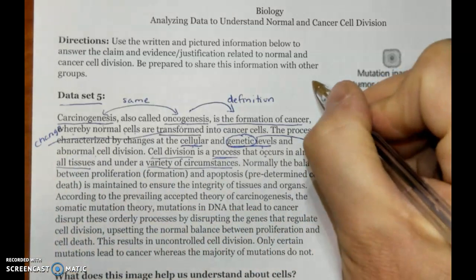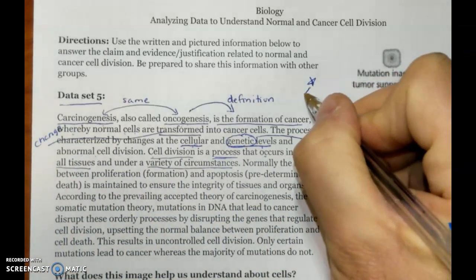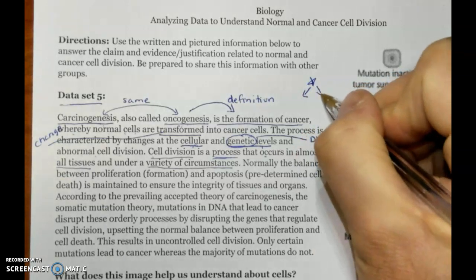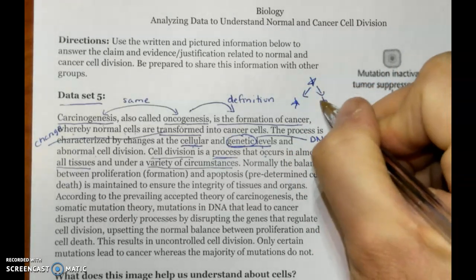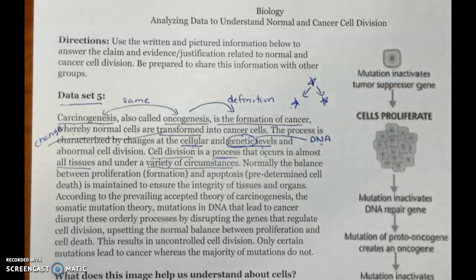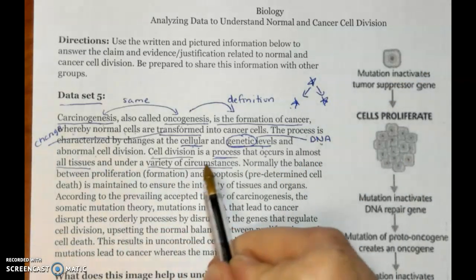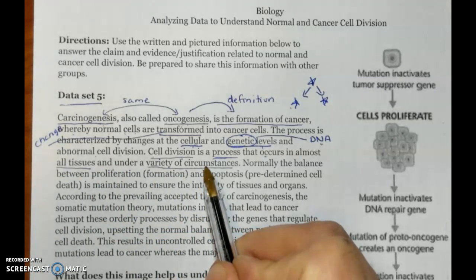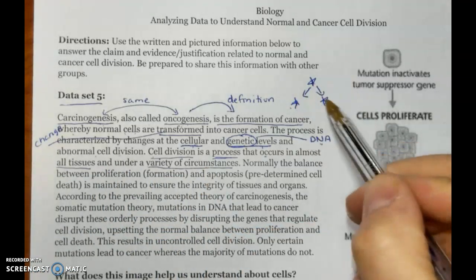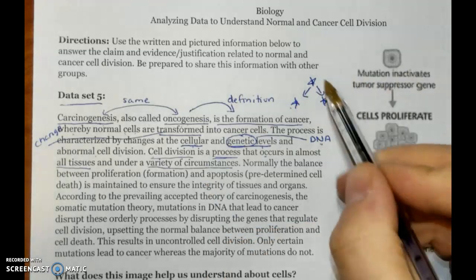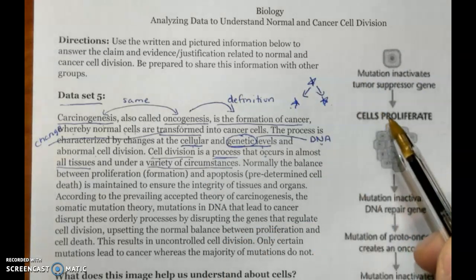You have one cell, and it produces two cells that are identical to the first. That's normal cell division. What would cause some of those things to happen? Well, that could depend. Why would this cell create two new cells? We'll get more into why that would happen later on.